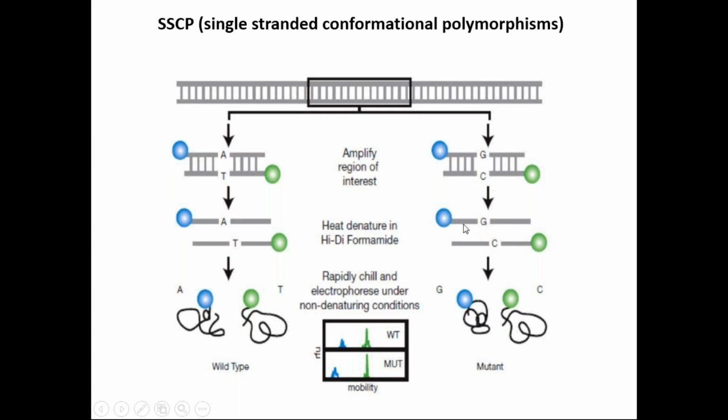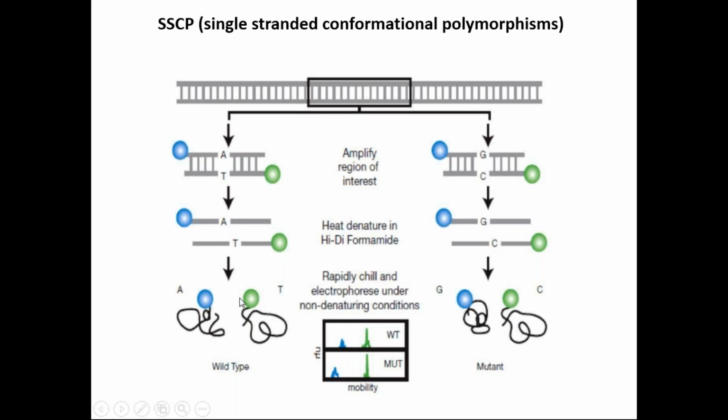After the denaturation, what happens? Each individual single strand forms a particular structure depending upon the complementary sequence present in that strand. Likewise, the other DNA strands also form a particular structure. So you can see in the slide, in both samples, the structure of these two DNA strands will vary.